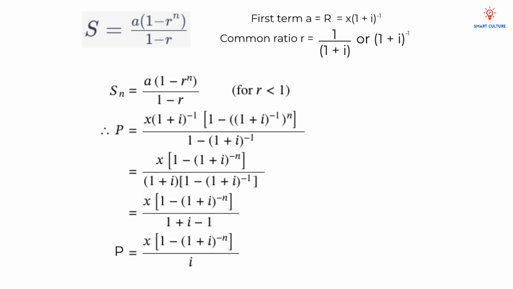Now 1 minus 1 is equal to 0. So the denominator becomes I. So that means the present value of a series of payments is equal to X multiplied by 1 minus (1 plus I) raised to the negative n, divided by I.